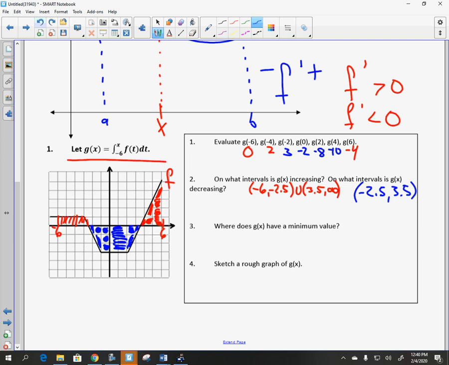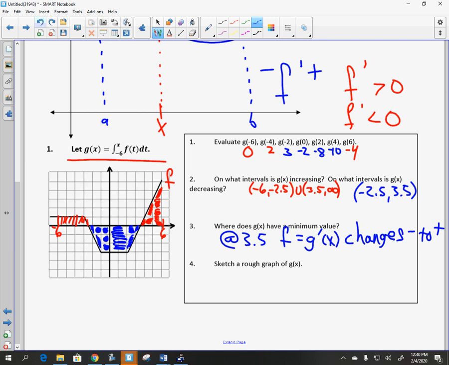Well, what represents the derivative on this graph? F. When does it change from negative to positive? At 3.5. At 3.5, f, which is the derivative of g, that's where it changes from negative to positive.